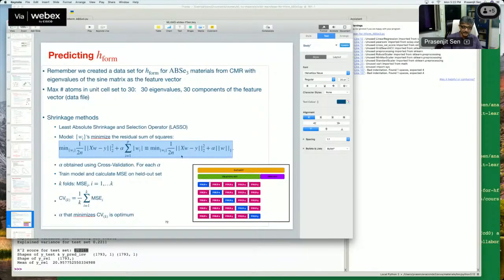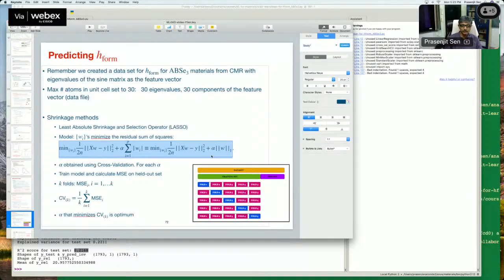Here you have this second term, but note that at least the way it has been implemented in scikit-learn, you have this factor of 1 over 2n, where n is the number of training samples. So this plus this. And alpha is a hyperparameter of this model. So you train your model for a specific value of alpha. And of course, as alpha changes, your model performance will change.